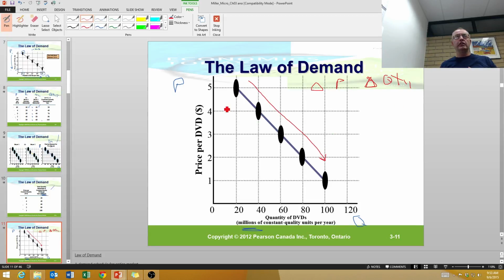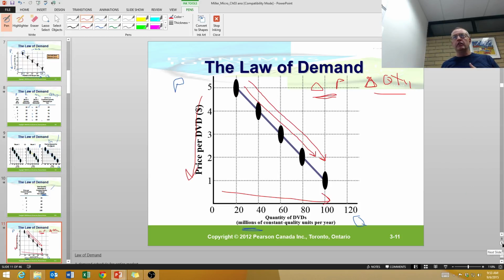So when the price comes down, quantity goes up, that is a movement along the demand curve. It's a movement along the demand schedule. And so we can only move along the demand curve due to a change in price. Change in price is the cause, and the change in quantity demanded is the effect.